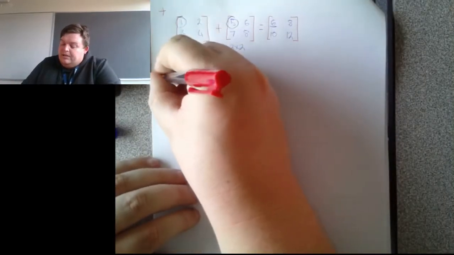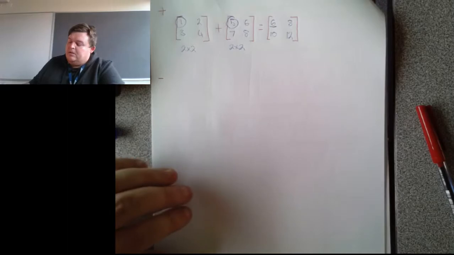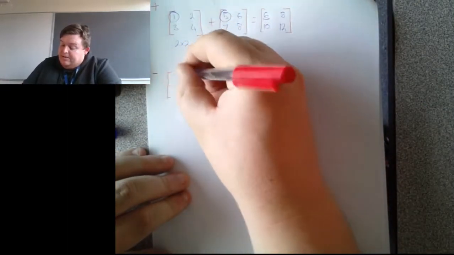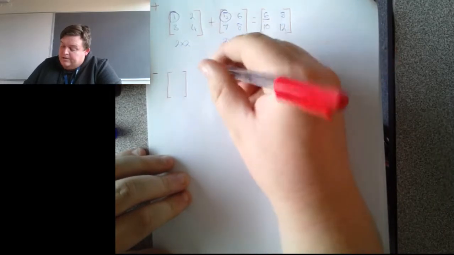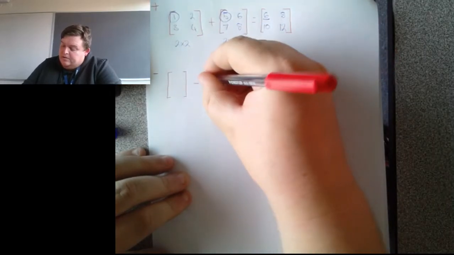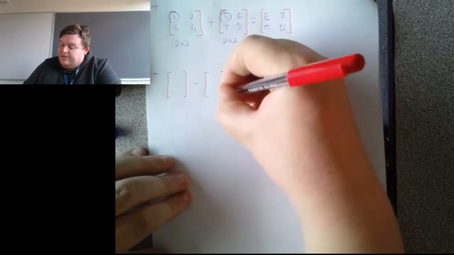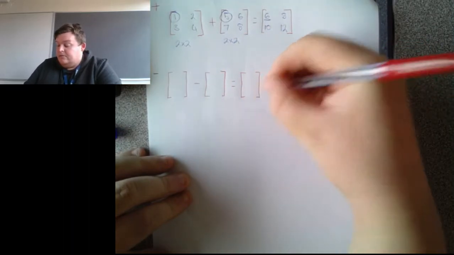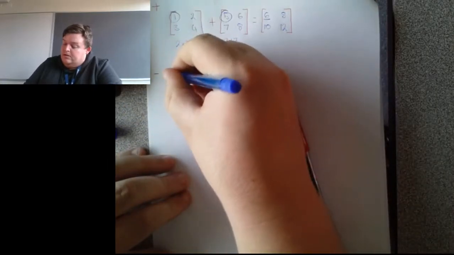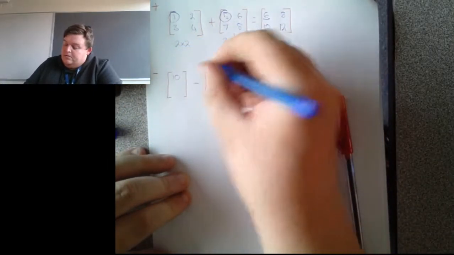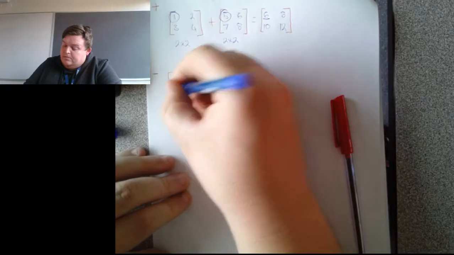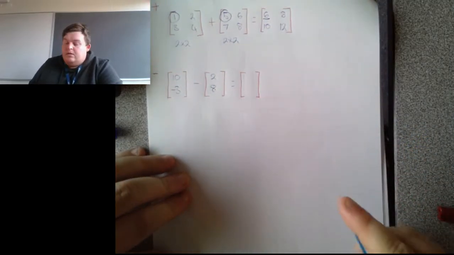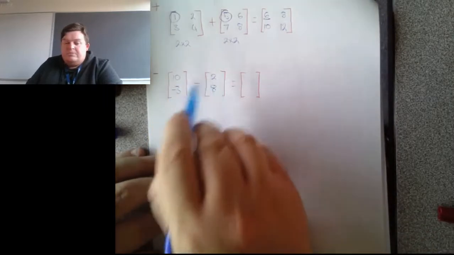So similarly, if we look at minus, minus works the exact same way. So again, they need to be the same dimension, and the answer will be the same dimension. All I'm going to do is plus the corresponding values.